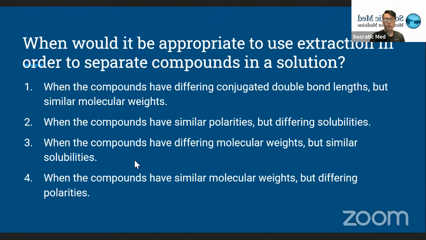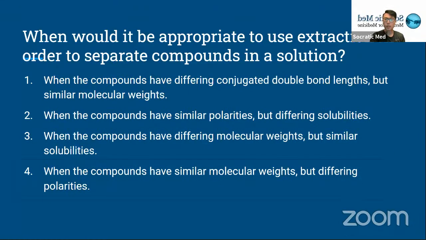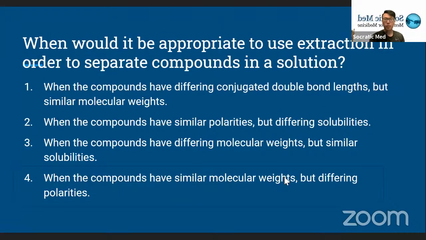Everyone picked choice D, and yep, that's the correct answer. For extraction, you want to separate compounds that have different polarities. Because you use a polar and a non-polar solvent, you want the compounds to have different polarities in order to separate them.